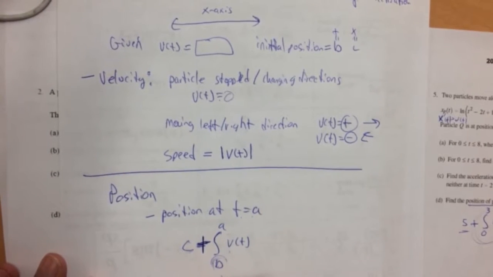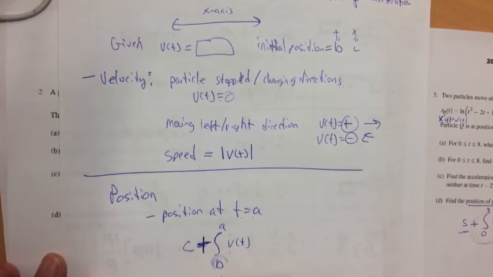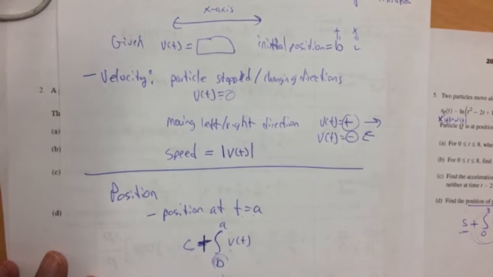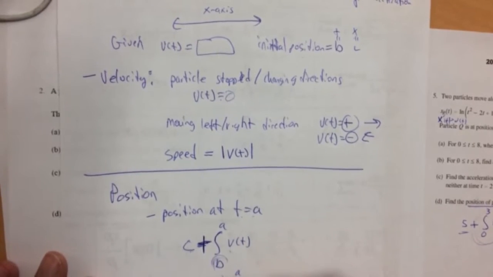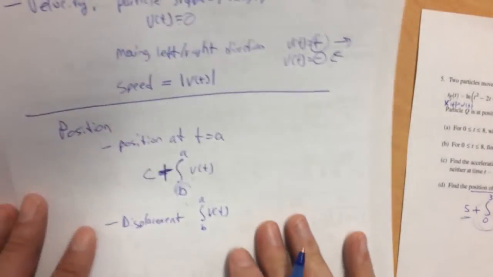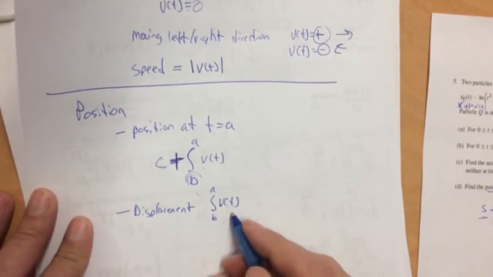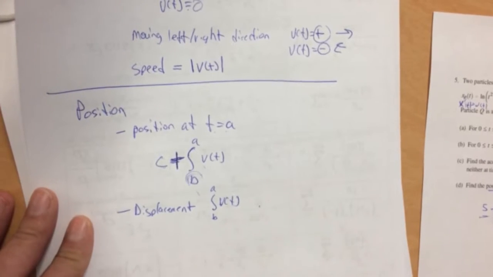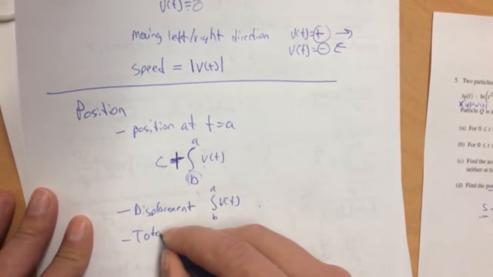The displacement, which means how much did the position change by from the beginning to the end. And this is just the integral from the beginning to the end of v of t. A related concept to displacement isn't just how much did it end up, where did it end compared to where it started, but total distance.